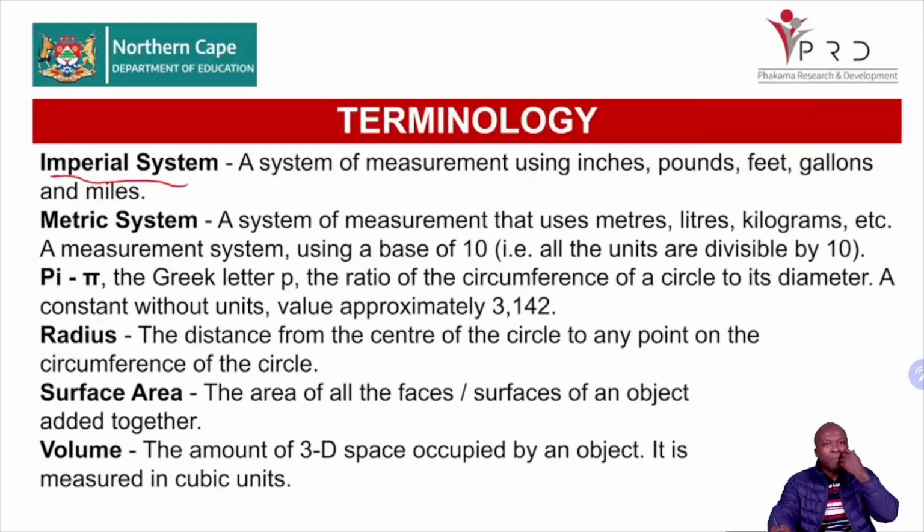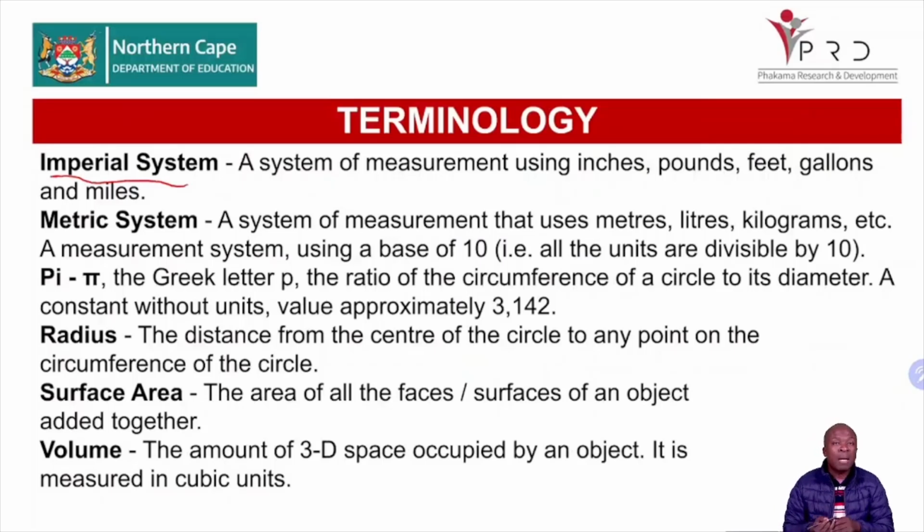Then, if it is not imperial, we have what you call the metric system. Under the metric system, we have meters, kilometers, kilograms, centimeters, millimeters. Those are what we call metric. So in the maths lesson, we have the metric system and the imperial system.